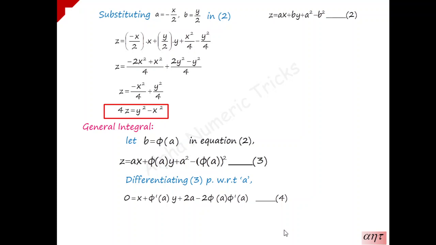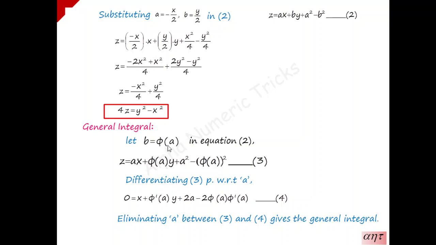Now using 3 and 4, we have to eliminate the arbitrary constant a, and we can get the general integral. Here you conclude your result like this, because we can't write a simplified answer like the singular integral, since the function b is equal to phi of a, that is the value of phi of a, is not known to us.